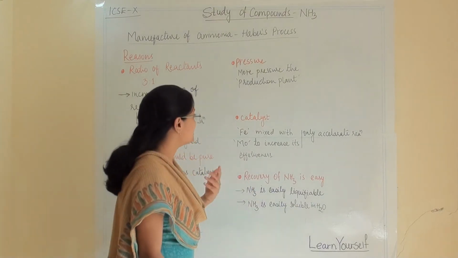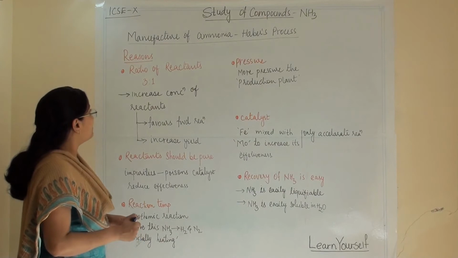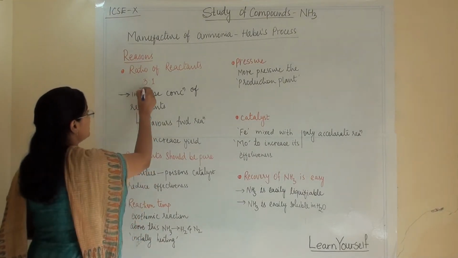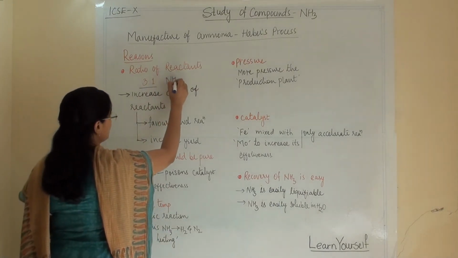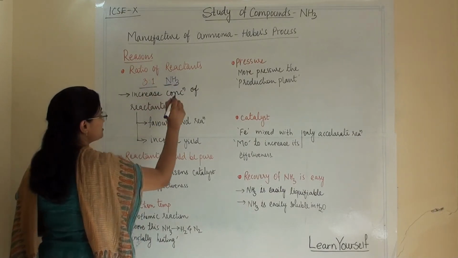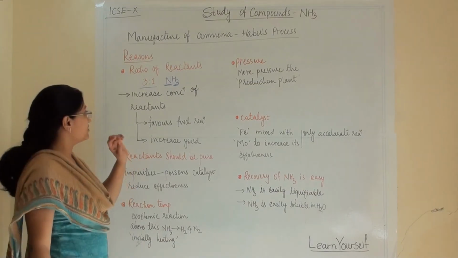Now let us understand the reasons why we have taken a ratio for the reactants of 3:1. Ammonia is NH3, so definitely 1 is for nitrogen and 3 is for hydrogen. There will be 2 reasons for that.